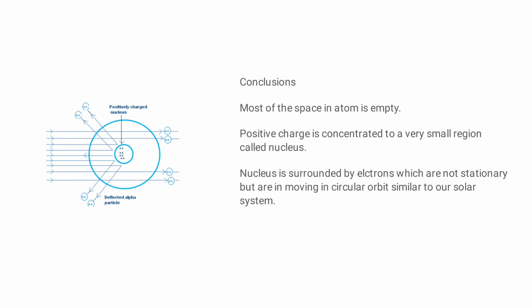Also, he added that the nucleus is surrounded by electrons which are not stationary but are moving in circular orbits, similar to our solar system, as planets keep on revolving around the sun.